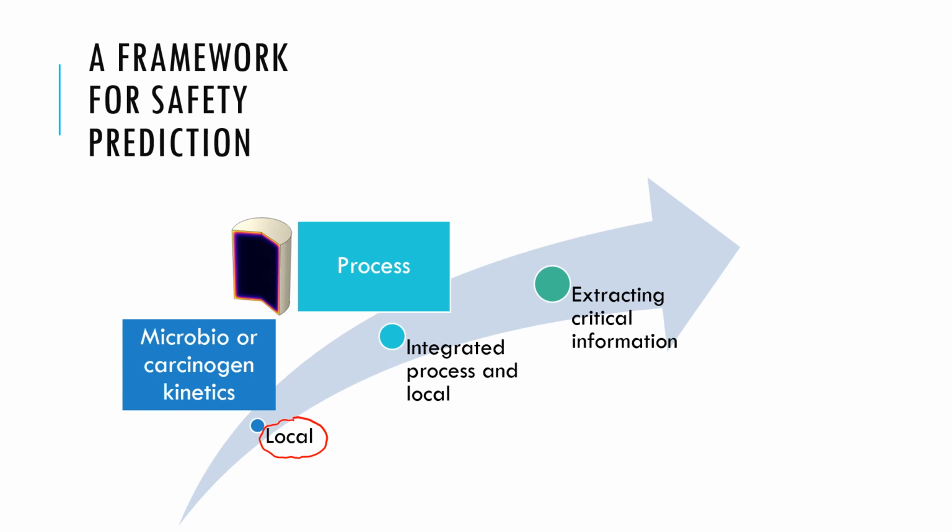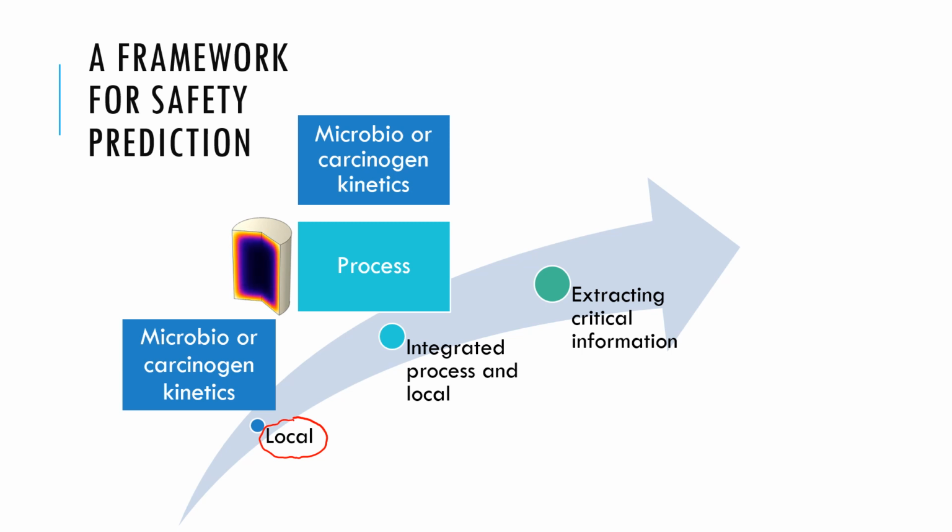So to get the idea for the entire food material, we really need to combine the process physics with the microbial or carcinogen kinetics or microbial or carcinogen physics. By doing that, we will get microbial concentration everywhere in the food or carcinogen concentration everywhere inside the food.